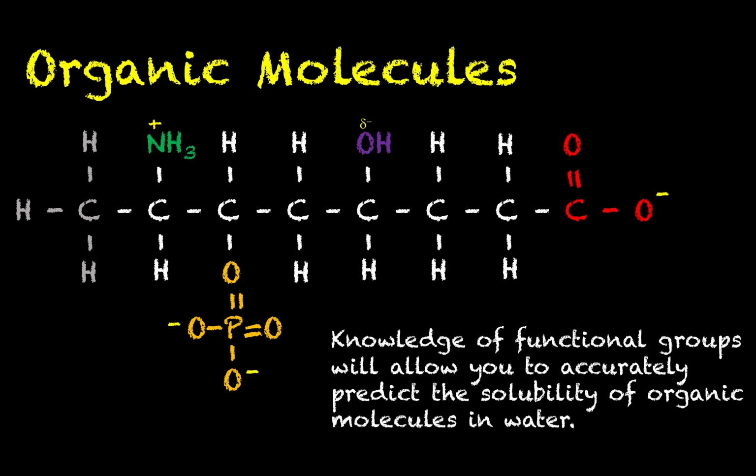So here you can actually see that same carbon skeleton that we were looking at before and how we have attached a number of different functional groups from the table that we just saw. You can see how the amine functional group has a positive electrical charge, the carboxylic acid functional group has a negative electrical charge, the hydroxyl group has a partial negative electrical charge, again, that water can grab onto, and then the phosphate group has a strong negative electrical charge, all of which is something that water can grab onto, and this molecule here is going to be a lot more soluble in water than it otherwise would be without these functional groups.